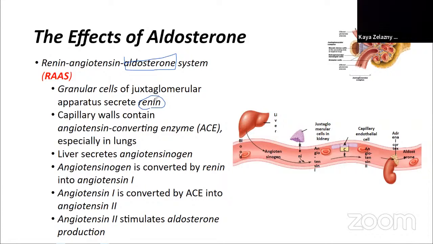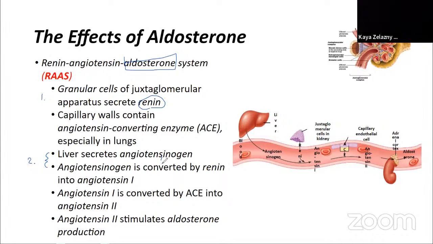So once we secrete renin, I'm going to skip some of these steps because they're details. Let's call these both number 2. The liver has been making something called angiotensinogen.